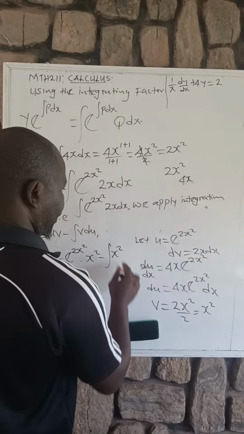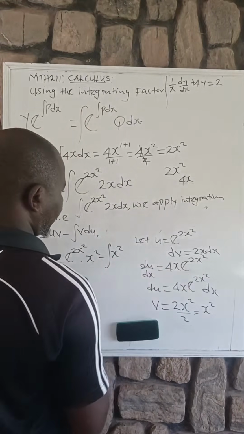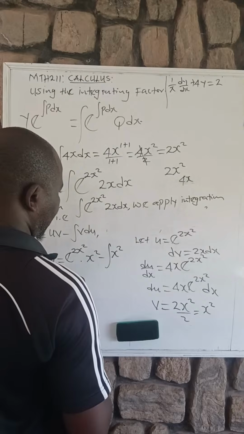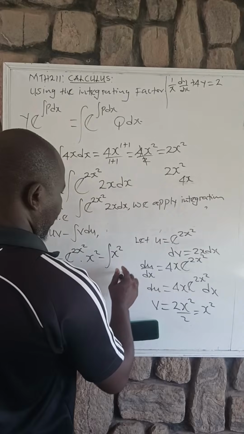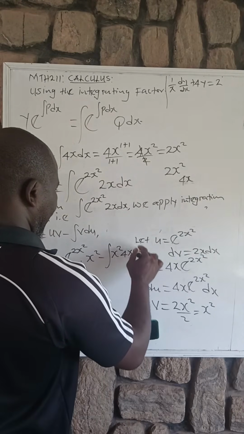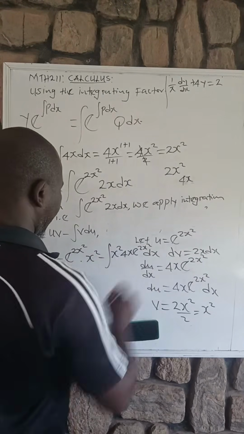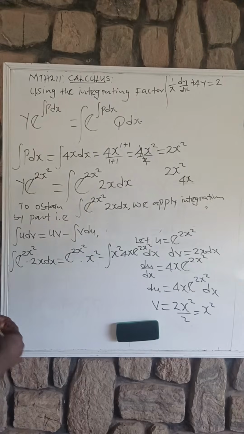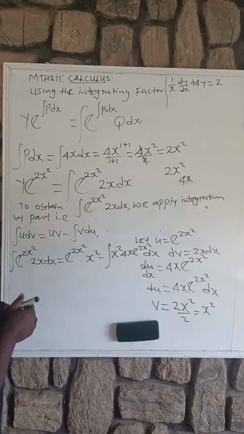times du, which is 4x exponential 2x squared dx, right? True or false?